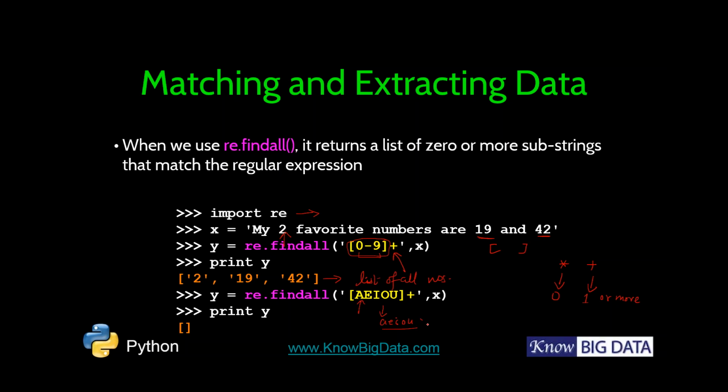It is going to match only exactly the same characters as inside the square brackets. And plus, of course, is for one or more times. So we do not have any of these capital vowels in this particular string, and that is why we get an empty list over here.